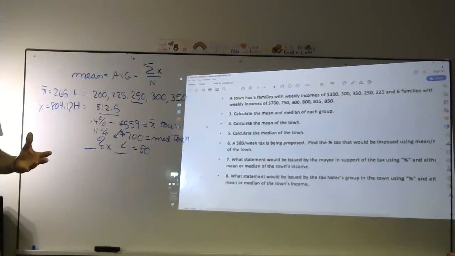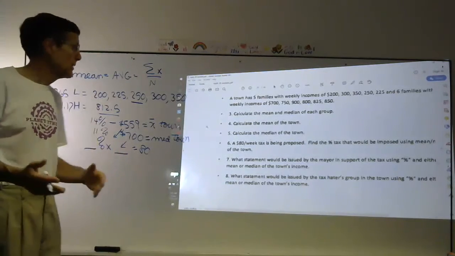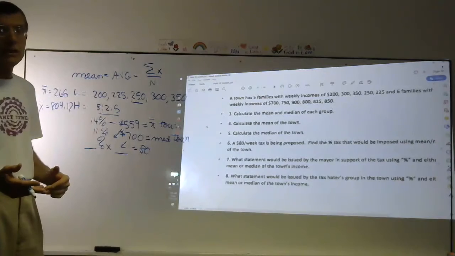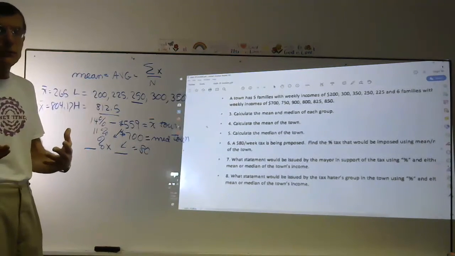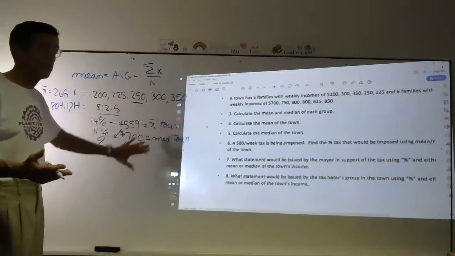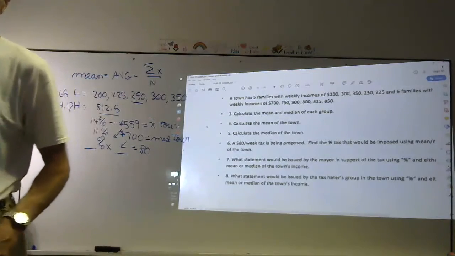Can you see how political groups, how focus groups that have a real burning desire to change something can use mean or median in their statements to make it look better for their group? The information is still the same, but your rates are very, very different, okay?